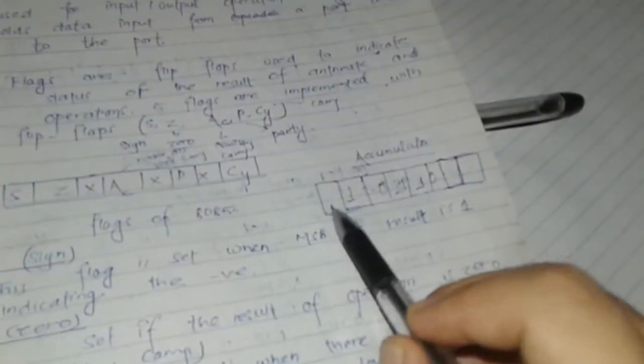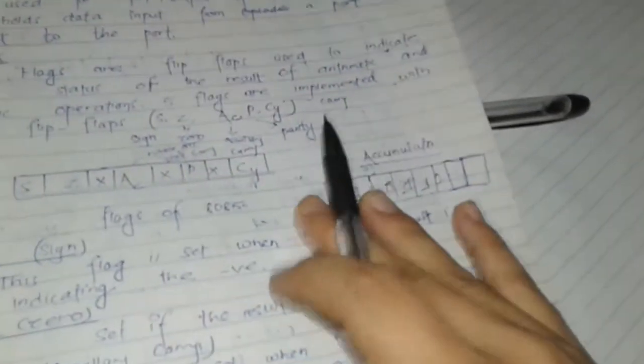Next is auxiliary carry. I have not mentioned it here, so let me define it. Auxiliary carry is where we divide this 8-bit into 4-bit and 4-bit.